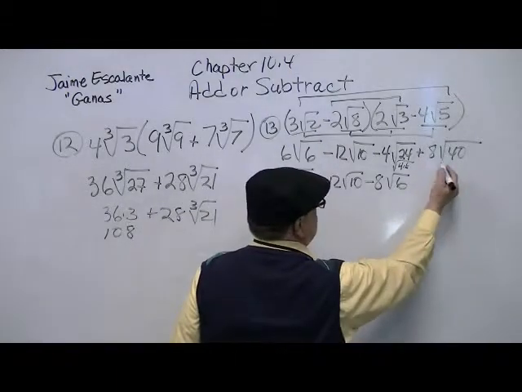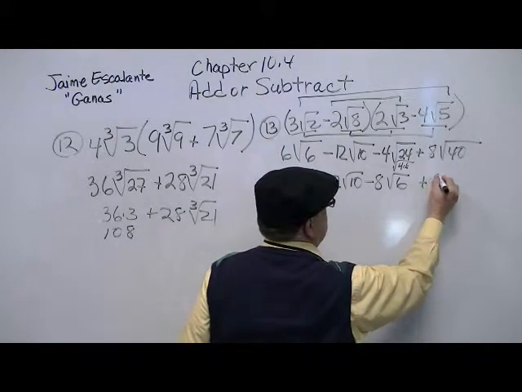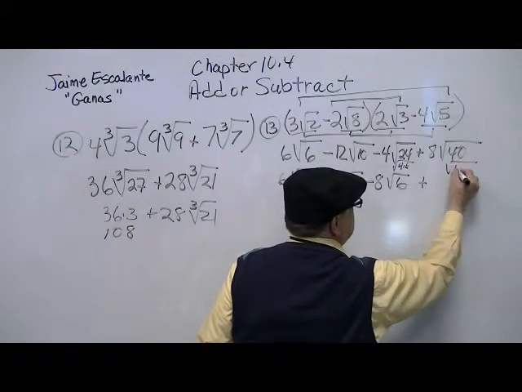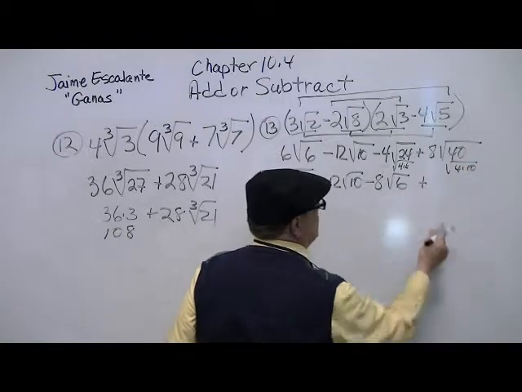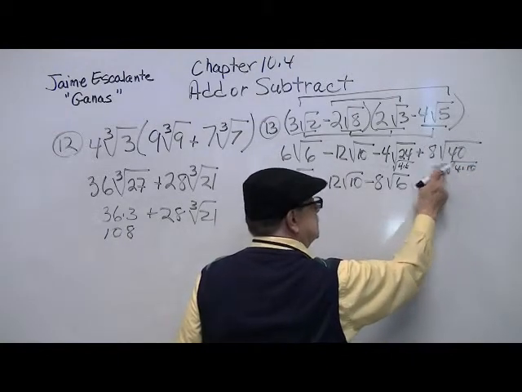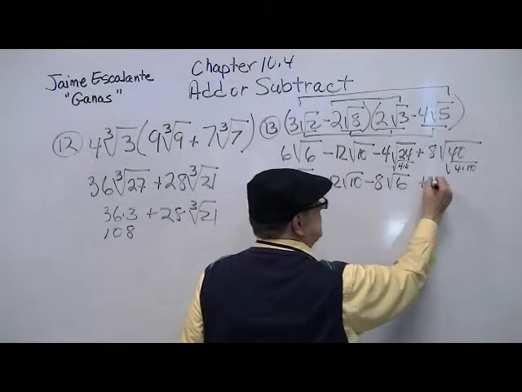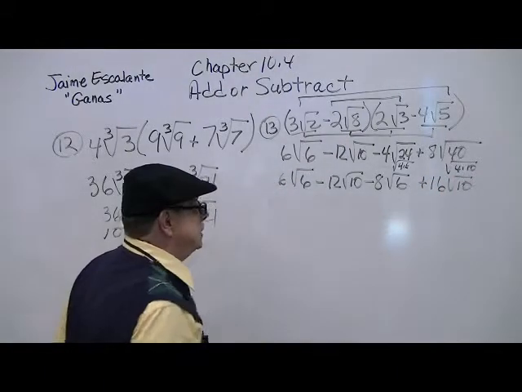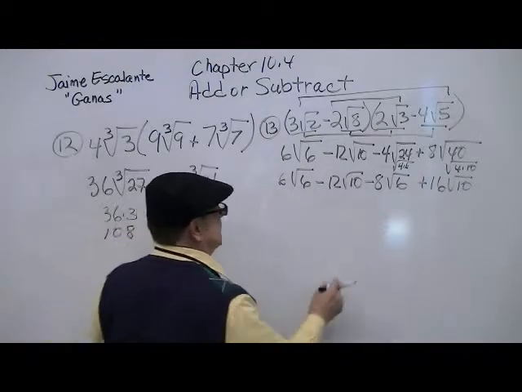And then this last one will be plus 8, but this is going to be the square root of 4 times the square root of 10. Square root of 4 is 2. 2 times 8 is 16, the square root of 10. Now you see we do have like terms.